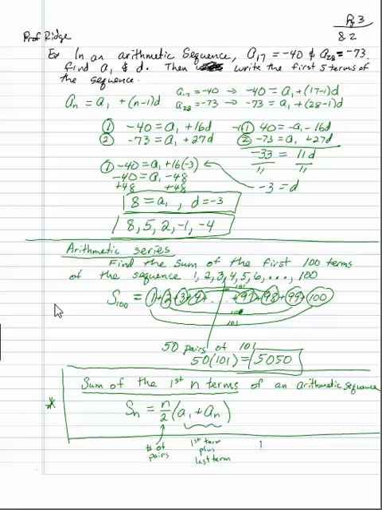What if we did 1 plus 5 plus 9 plus 13 plus 17? Notice that the pairs, that's one pair of 18, another pair of 18, and then you got this 9 all by itself.